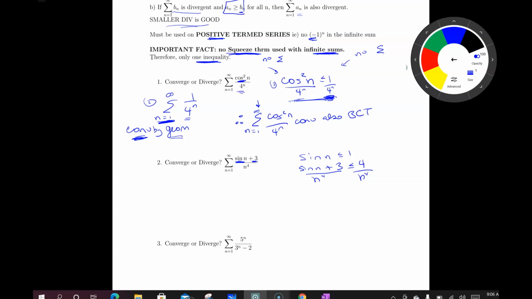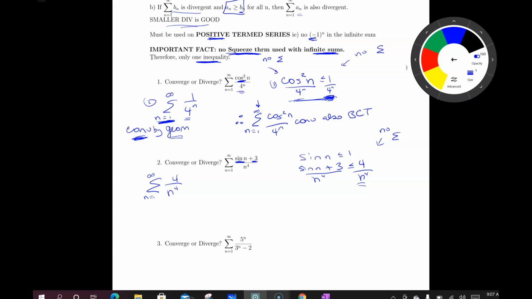You don't need to number them. I was just trying to outline, kind of showing how I'm using the basic comparison test. That's the first step. Again, no summations when you're making this inequality. Next, I need to say what this sum does. So I need to have the n equal 1 to infinity on here.